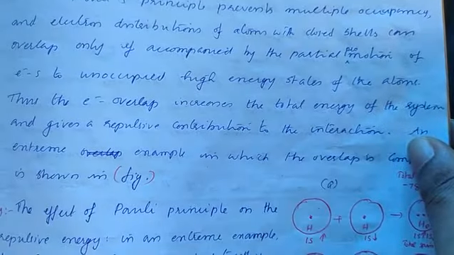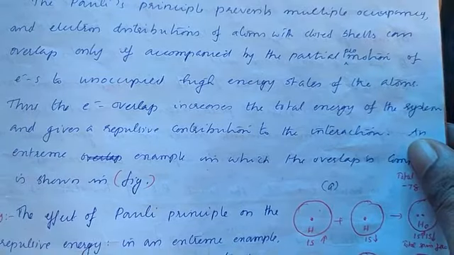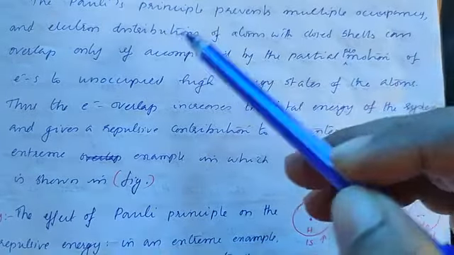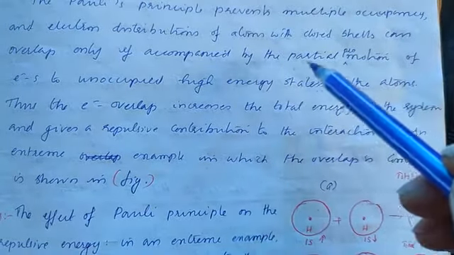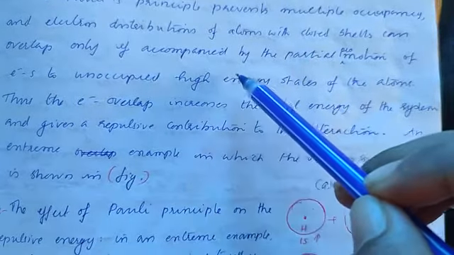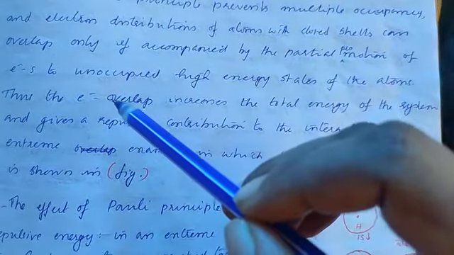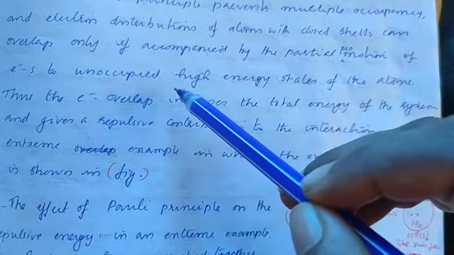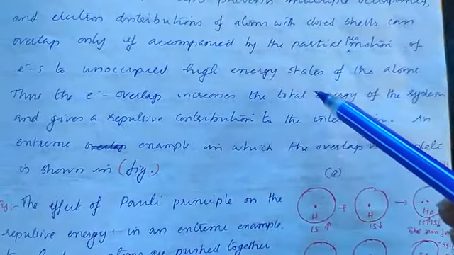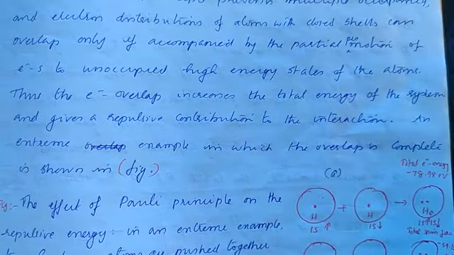So the Pauli's exclusion principle prevents multiple occupancy, and electron distributions of atoms with closed shells can overlap only if accompanied by the partial promotion of electrons to unoccupied high energy states of the atoms.